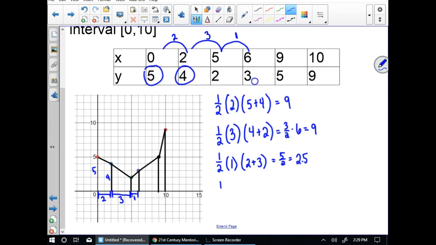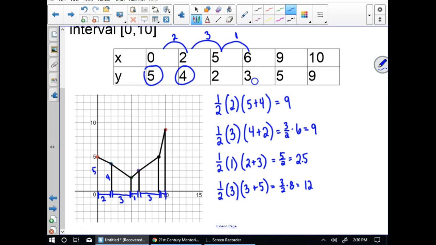The next trapezoid has a width, or height, I guess I should say, of 3. The bases have a length of 3 and a length of 5. So that's going to give us 3/2 times 8, and that will give us 12.